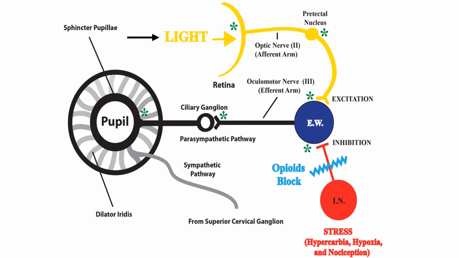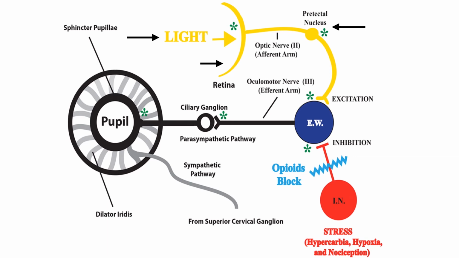When light hits the retina, then the optic nerve will pick up the impulses and it will send a branch to the pretectal nucleus.